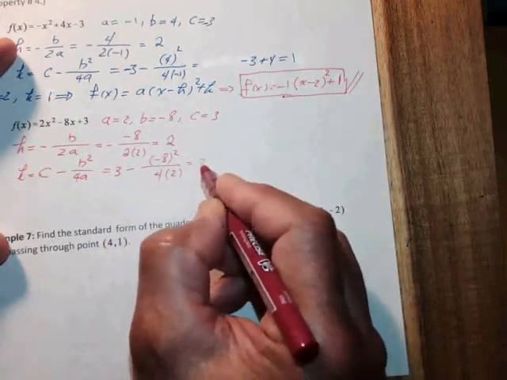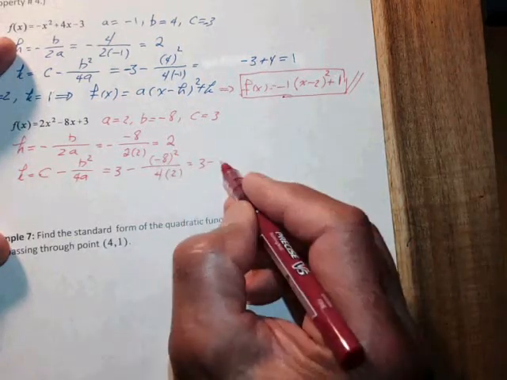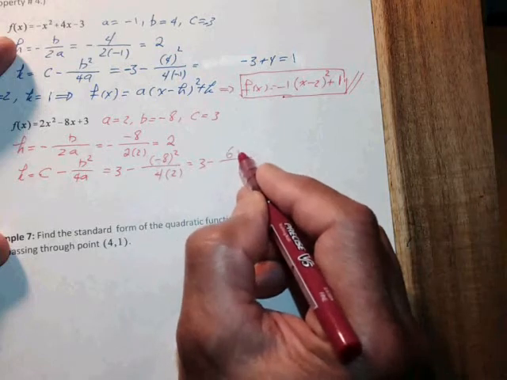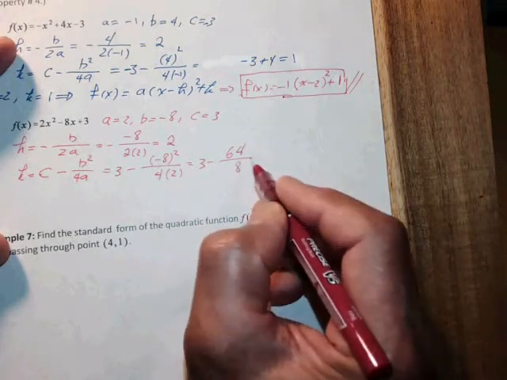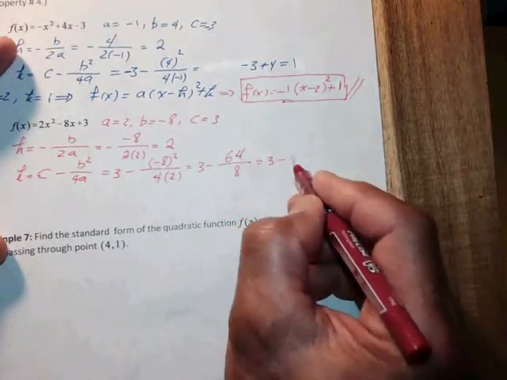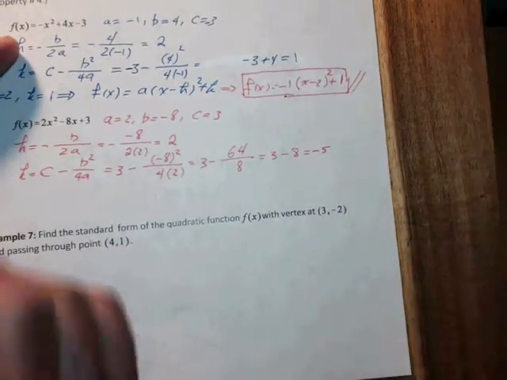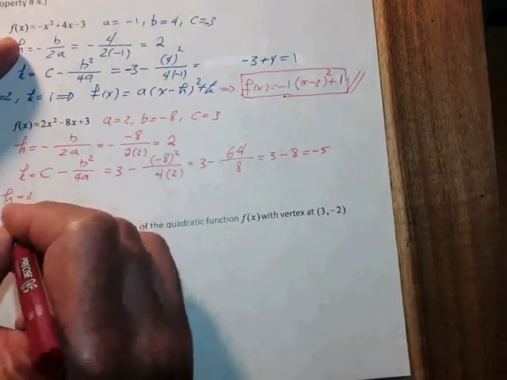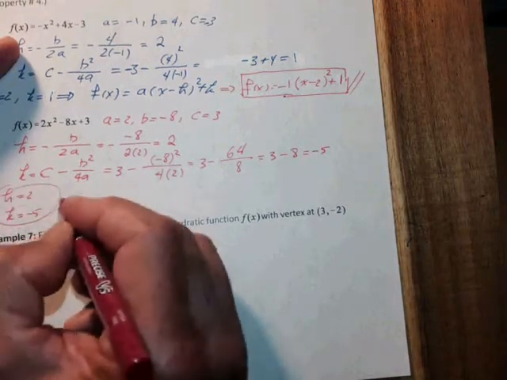So you get 3 minus, because this minus and the square becomes plus, you get 64 over 8. So it's 3 minus 64 over 8, which is 8, so you get minus 5. So h is 2, k is minus 5.